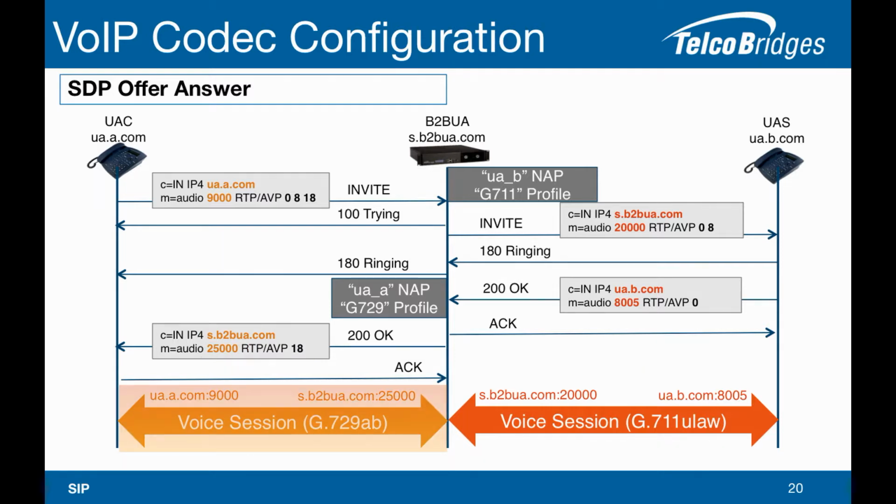The G.729AB RTP stream is then established between ua.a.com port 9000 and s.b2bua.com port 25000. In this example, the T-Media transcodes the media from G.729AB to G.711 μ-law between the UA.A and UA.B user agents.